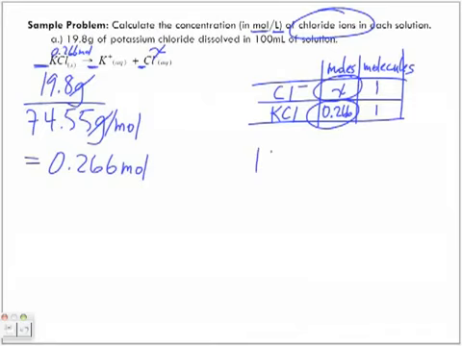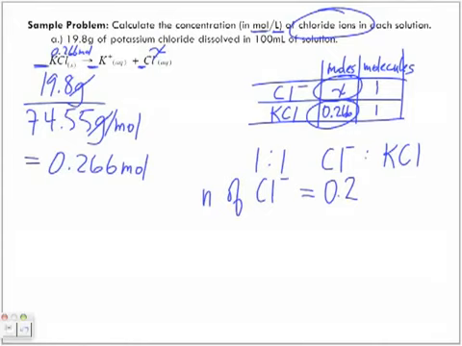So the number of moles of Cl negative is equivalent to the number of moles of potassium chloride, which is 0.266 moles.